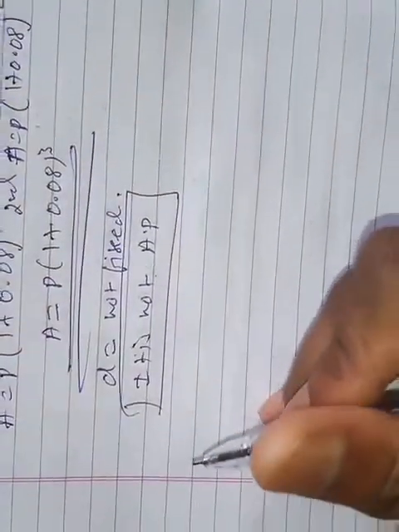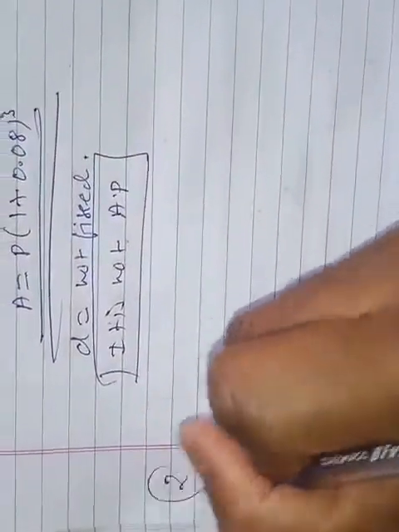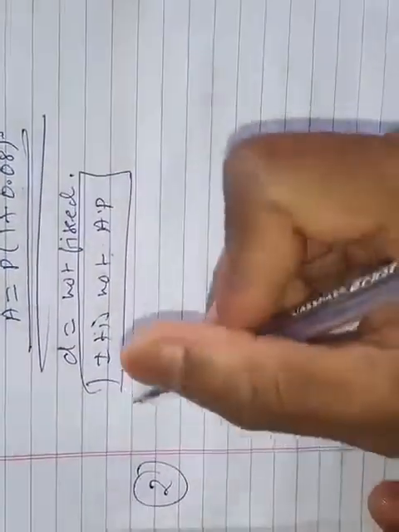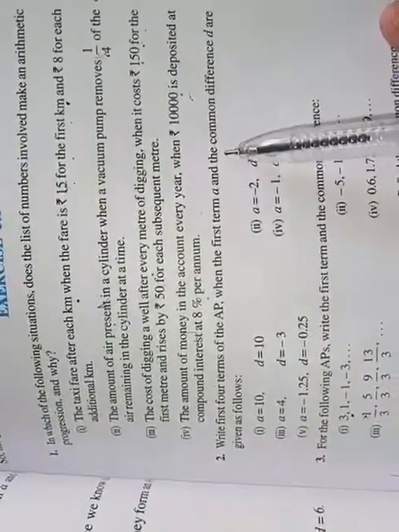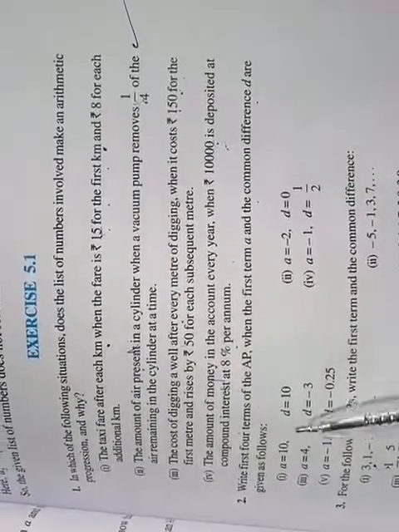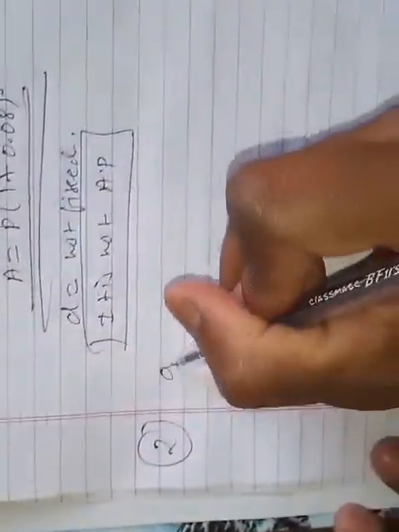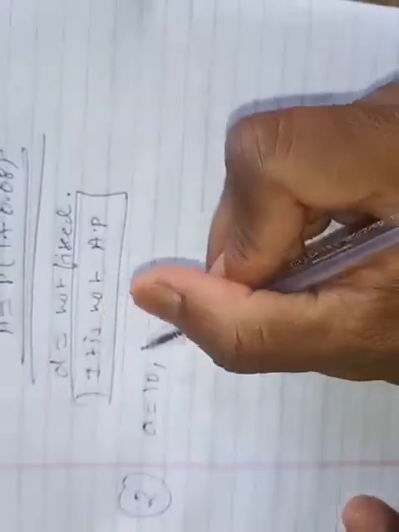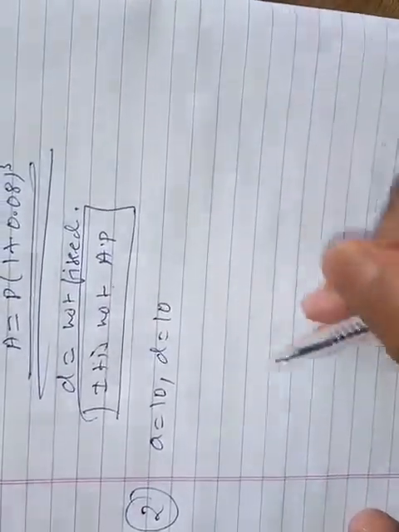Okay. Now let's move on to question number 2. A is given. Write the first 4 terms of AP when the first term is A and the common difference D are given. So A is equal to 10, D is also 10.